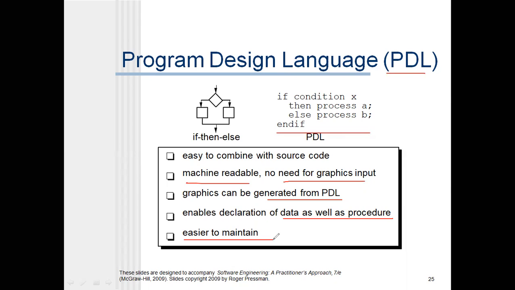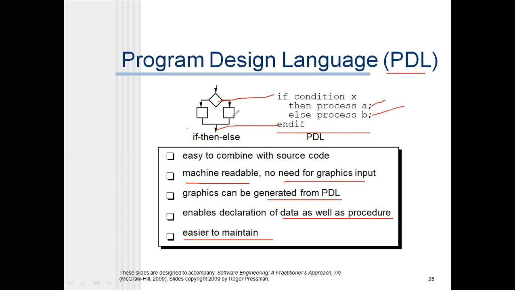Suppose you are developing this PDL for this particular structured design. Here we have this symbol. The symbol represents an if condition. If the condition is true, then process A. If the condition is false, then process B. At the end, you need to end the if.